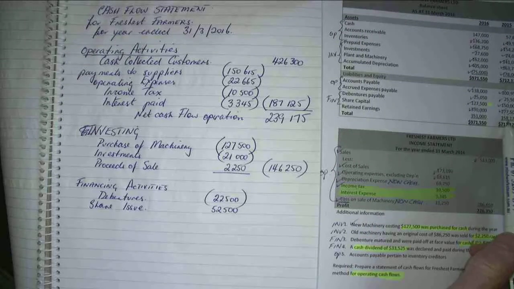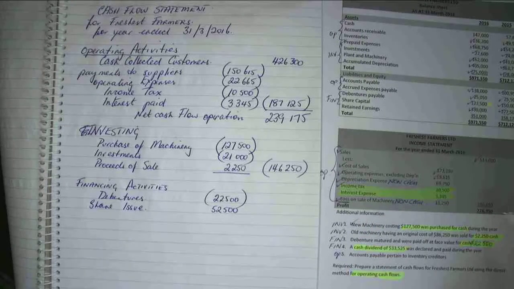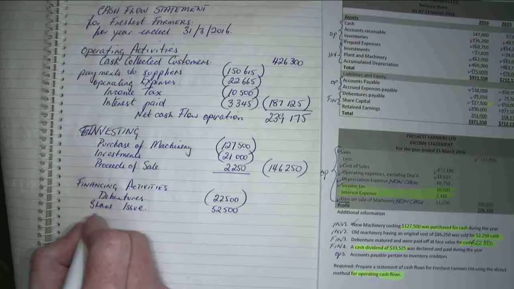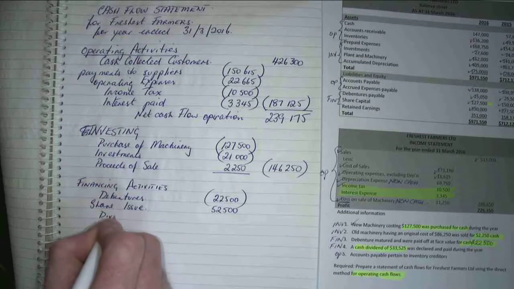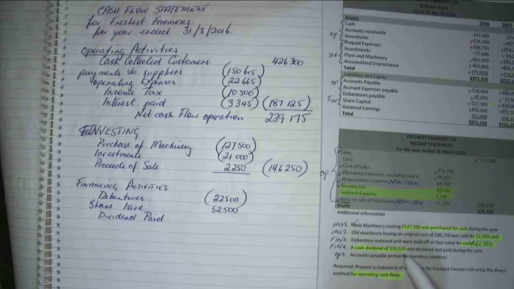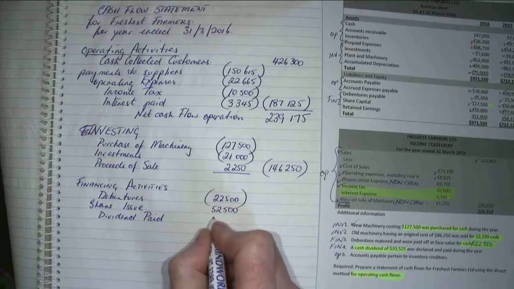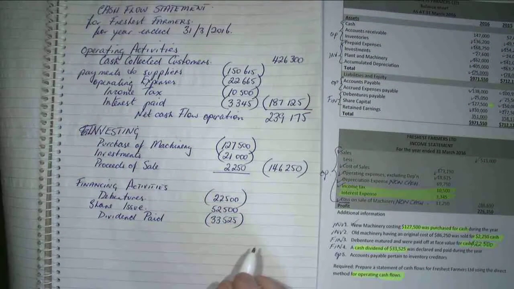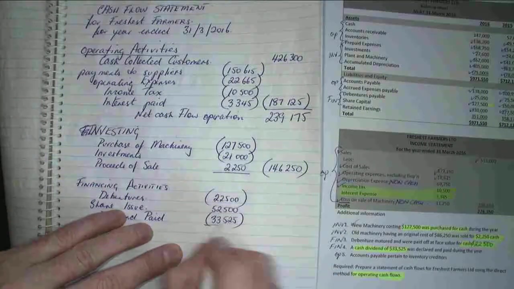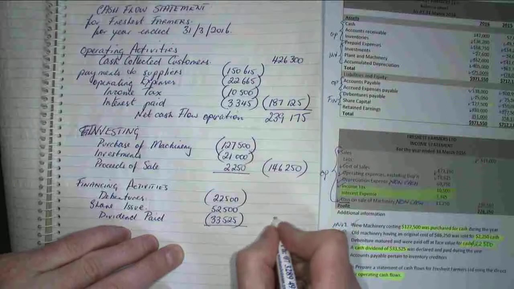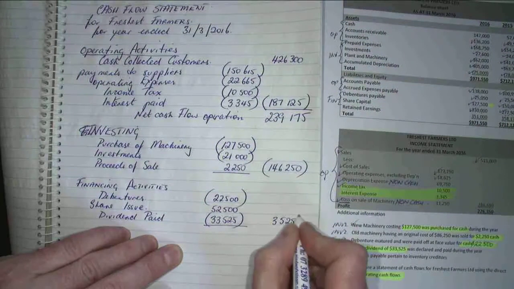And my retained earnings, I could calculate my retained earnings, my opening balance, plus my profits, minus my cash dividend, will come back to this number here. So my cash dividend paid will be, what is it, 33,525. And that actually comes back to that. What have we got? 22 and 52, it leaves 30. So it's 3,525, and that's a cash outflow.